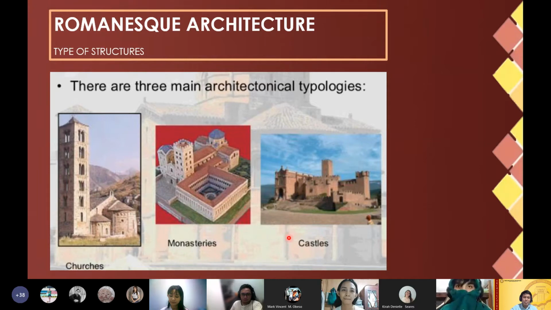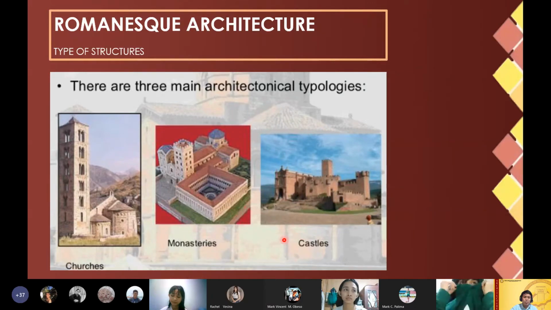So again, nganong naay castles? It's because this is the time during the Romanesque architecture nga ni-occur ang feudalism or the feudal system wherein naay king, naay lords, naay mga knights, naay mga peasants. So these castles are built for the kings, no, to have this as their home, na safety sila.